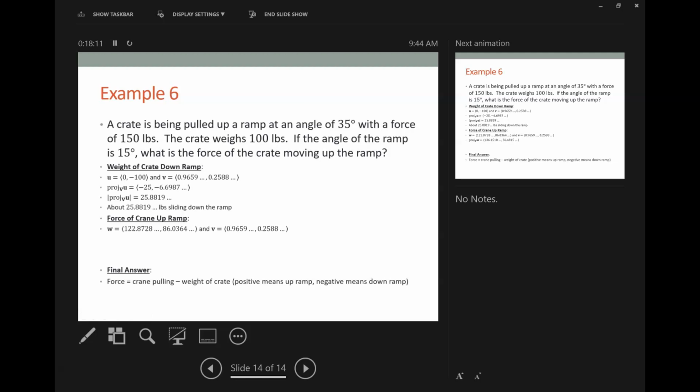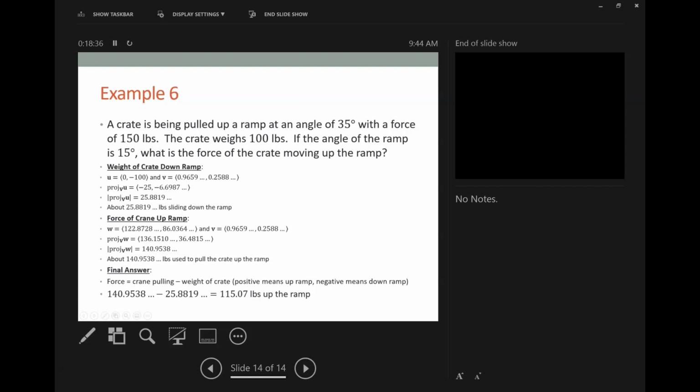Since vector v here, the vector we're projecting onto, its magnitude is still 1, we could use the dot product shortcut here. When we do that, we get 140.95-ish. So my final answer is going to be the 140.95 minus the 25.88 to get me 115.